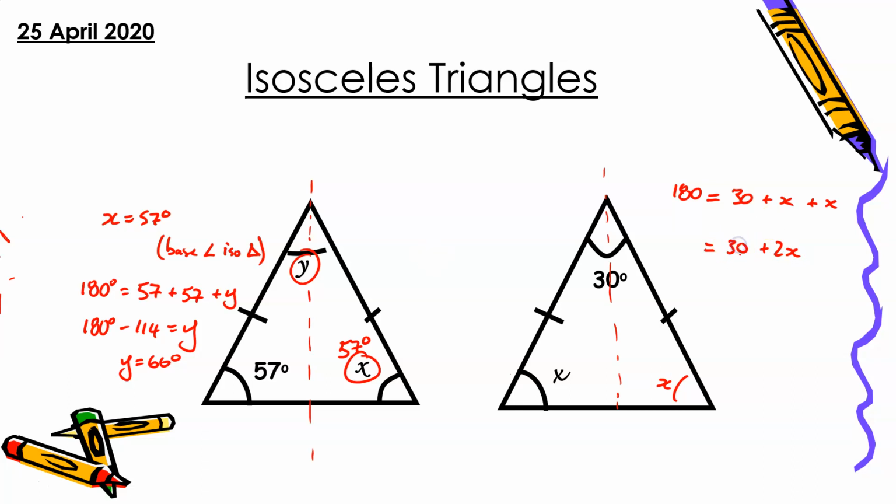So 30 plus 2x is equal to 180. 180 take away 30 must be equal to 2x, and that's 150 is equal to 2x, so 1x, or half of 2x, is 75 degrees. So it must be 75, 75 there, which makes sense because it adds up to 180.